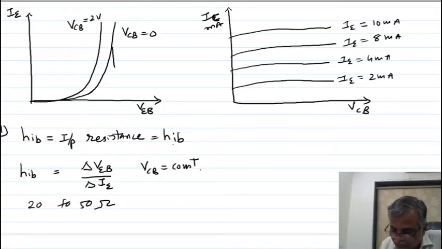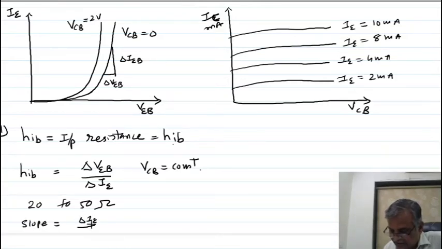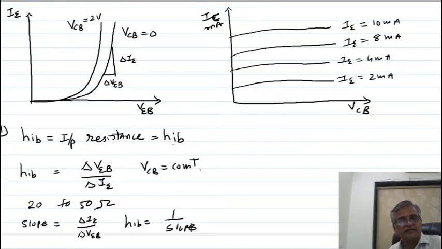So this is your delta VEB, this is your delta IE. So the slope from the input characteristics is delta IE upon delta VEB. So hib is nothing but 1 upon slope. I think you understand this.